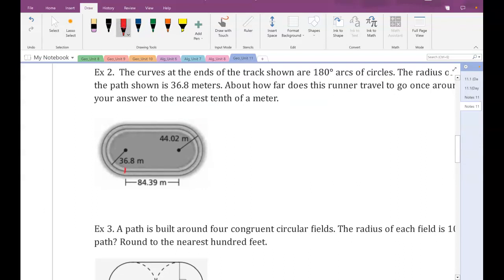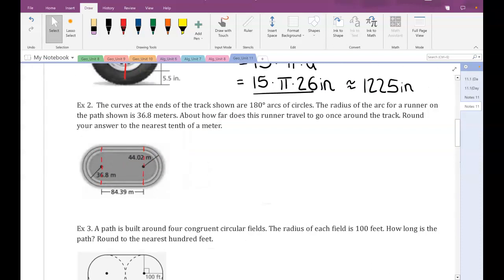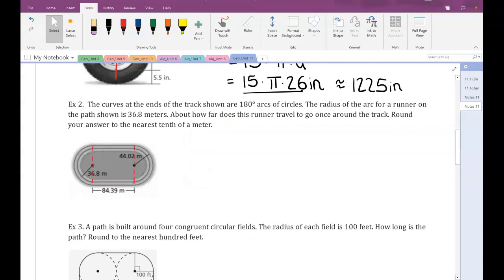So this end and this end both are 180 degrees, or half of a circle. The radius is 36.8 meters. We're asking how far does a runner travel to go around the track? Round your answer to the nearest tenth of a meter.